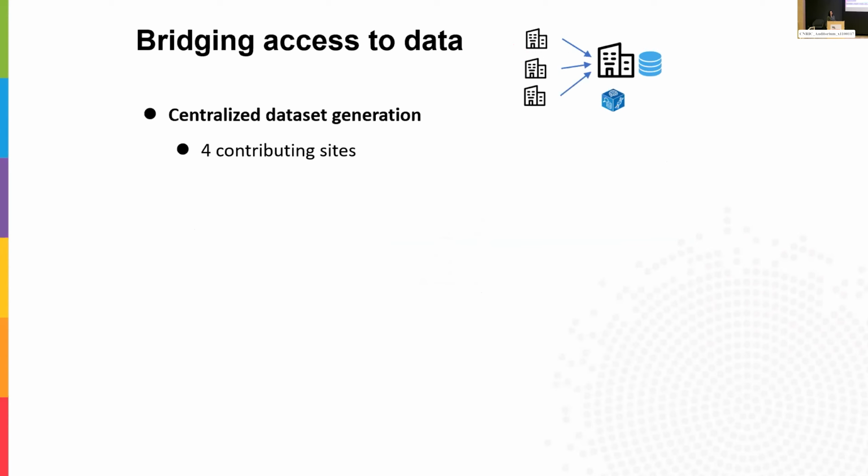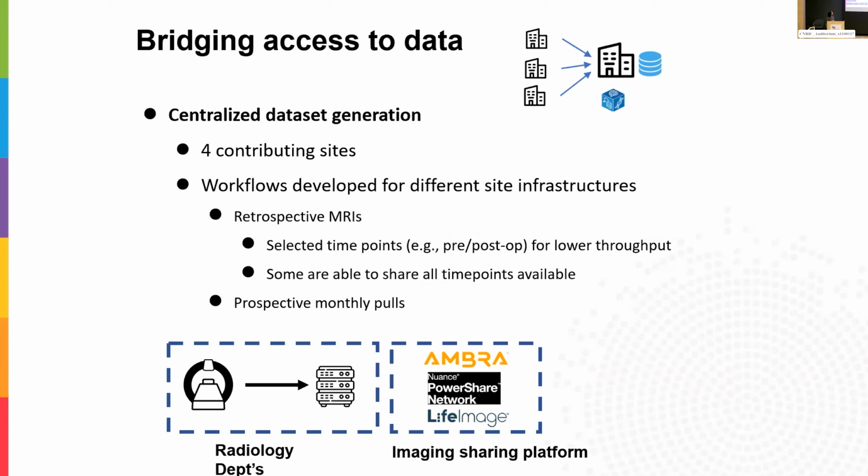A lot goes into that, just figuring out essentially what infrastructures and systems exist at different sites because it's not completely uniform, and then developing workflows in order to essentially get data out of radiology department systems and onto a software platform that we can use to then share between sites in a secure manner.